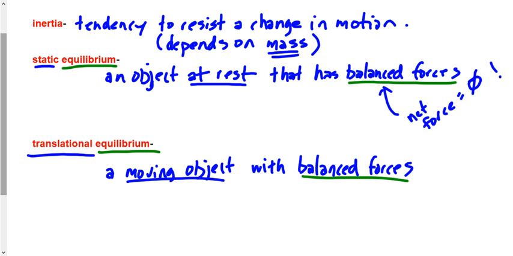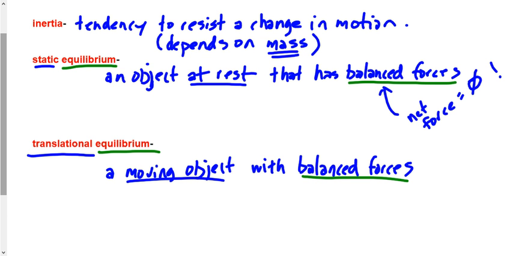Hey, what do you think an object that's moving with balanced forces, an object in translational equilibrium, wants to do? An object at rest wants to stay at rest. An object that is moving wants to keep moving. That car that has balanced forces will keep moving forever in a straight line at a constant speed until some unbalanced force causes it to slow down or speed up.